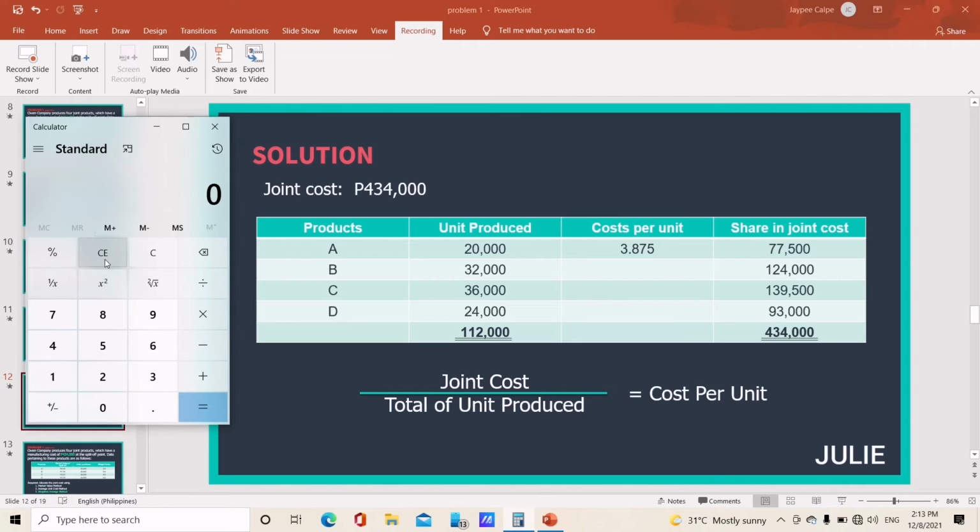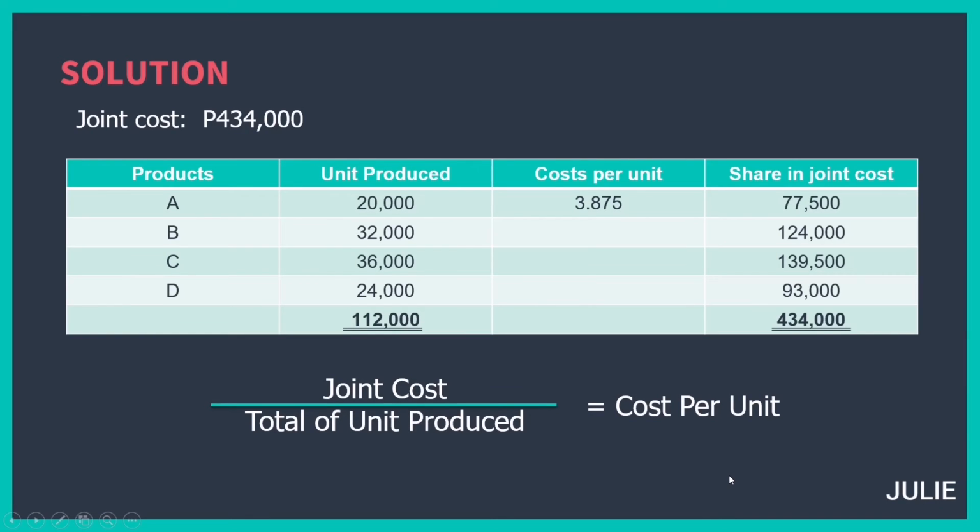So we will multiply the 112,000 times 3.875, we will get 434,000. Share in joint cost, the same as the joint cost given by the company.